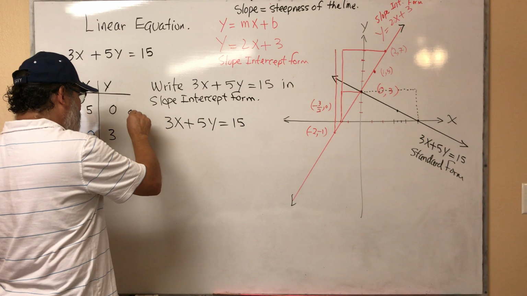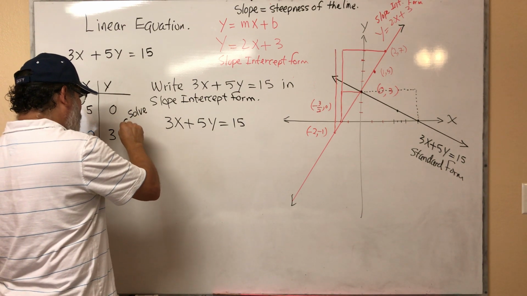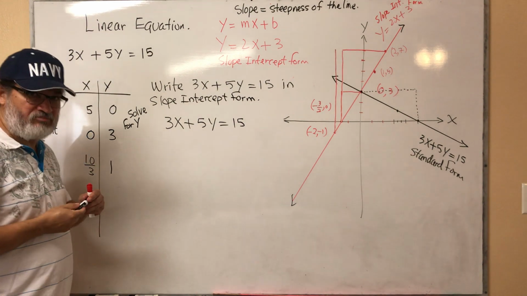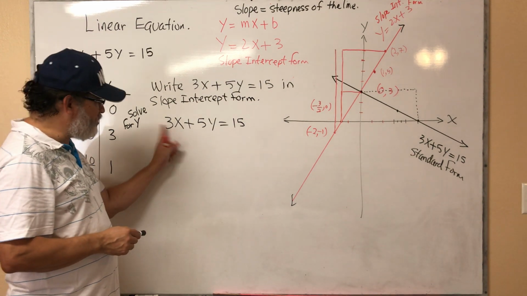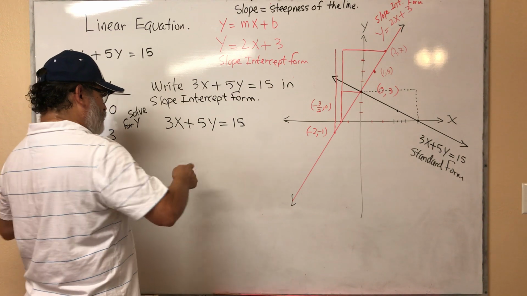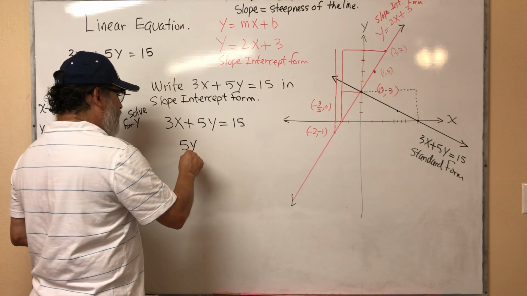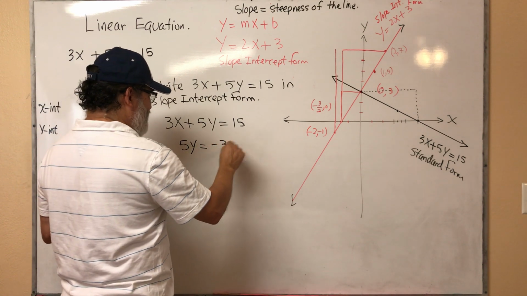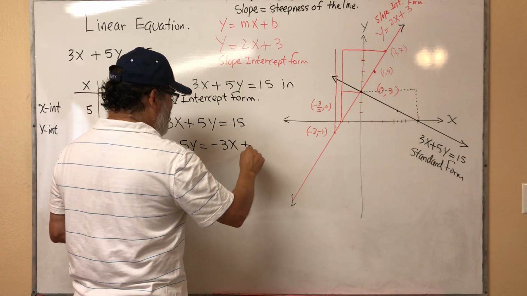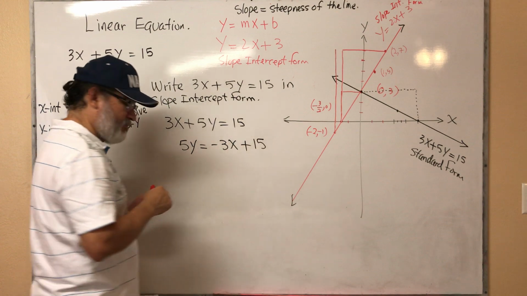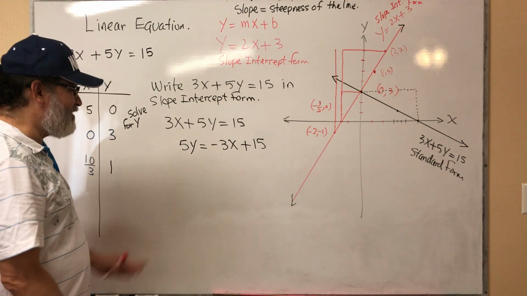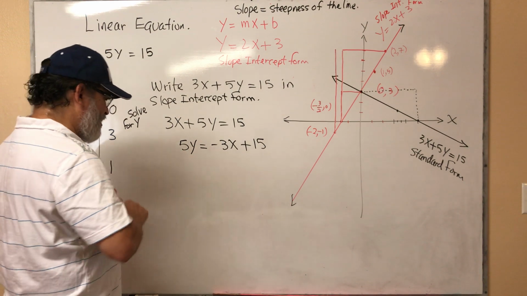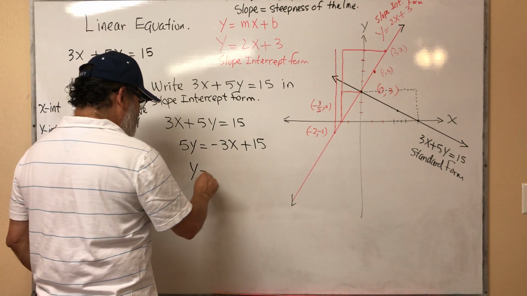Solve for y. First step is bring this to the right. So 5y equals negative 3x plus 15. Divide both sides by 5. Divide this by 5 and I get y.